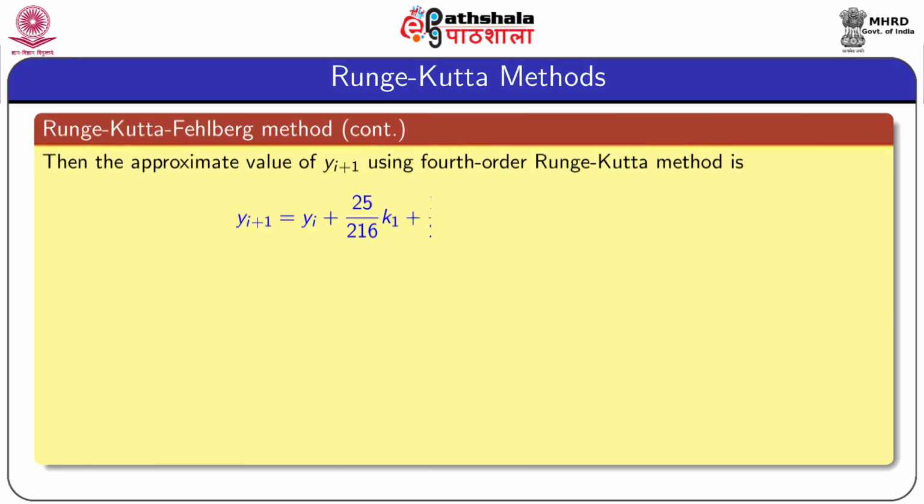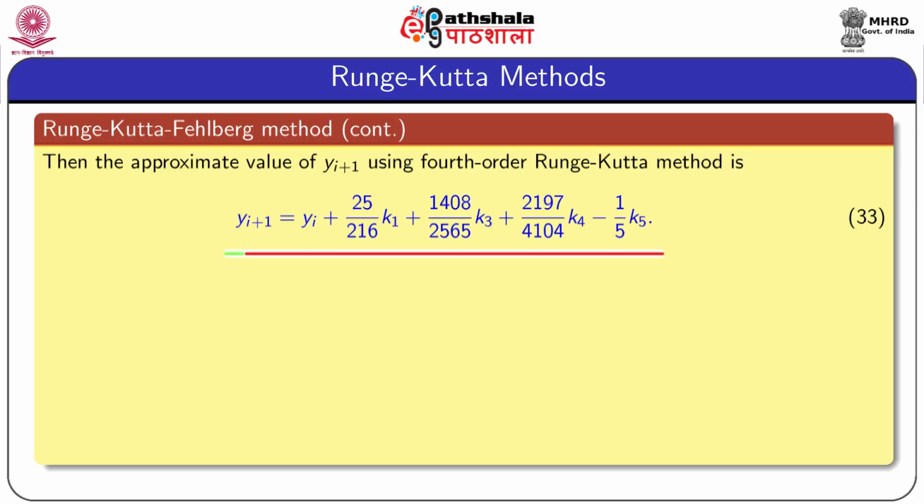Now, using these values, we can calculate the value of yi+1 using the fourth order Runge-Kutta method. That means yi+1 is equal to yi plus 25/216 into k1 plus 1408/2565 into k3 plus 2197/4104 into k4 minus 1/5 k5.